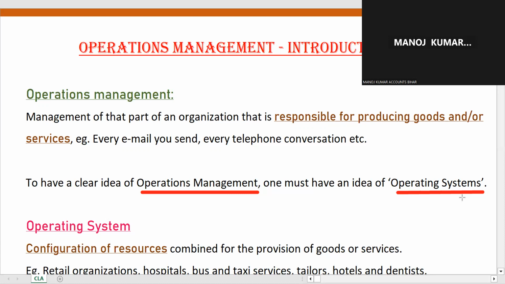So the office becomes an operating system, and using that system operations management gives service to the customer. The head of the operating system is the office, but the operating system will not be complete without the factory, as we said.